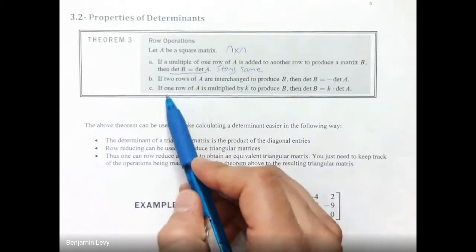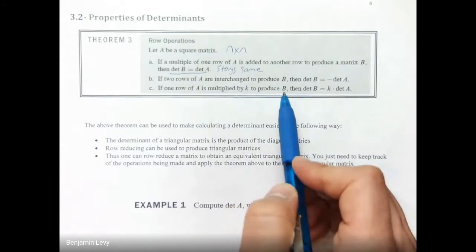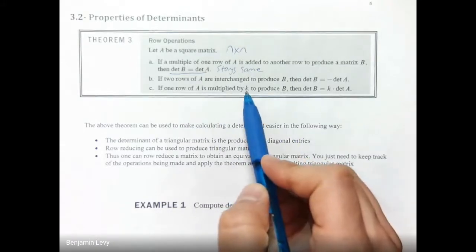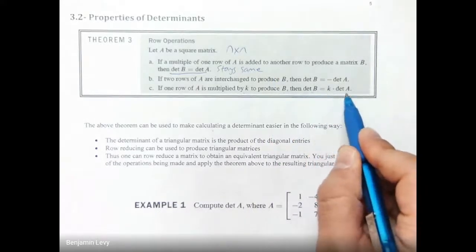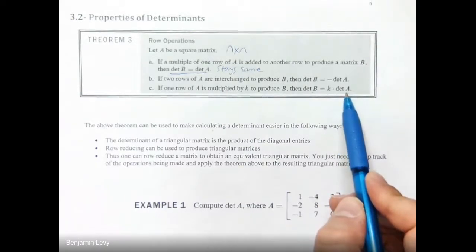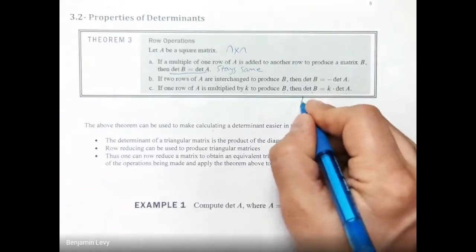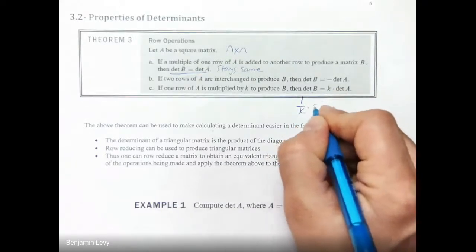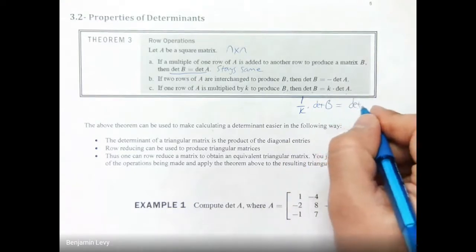And this one says if a row of A is multiplied by a number K to produce a new matrix B, then the determinant of the new matrix is K times the determinant of the old one. Now, usually we're interested in the determinant of A. So the other way of saying this, if we divide K over to the other side, is 1 over K times the determinant of the new matrix is the determinant of the old matrix.